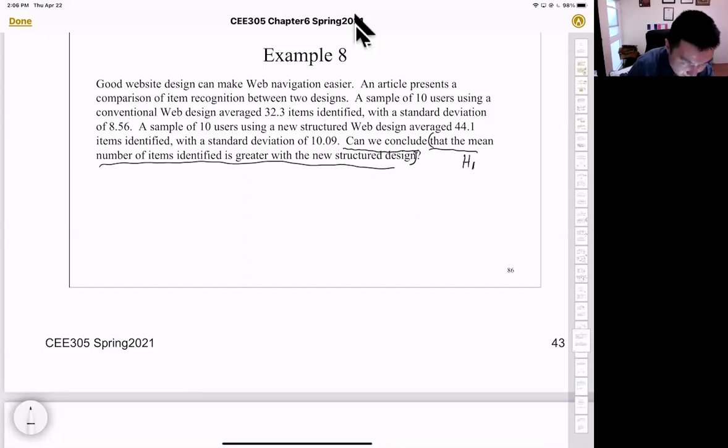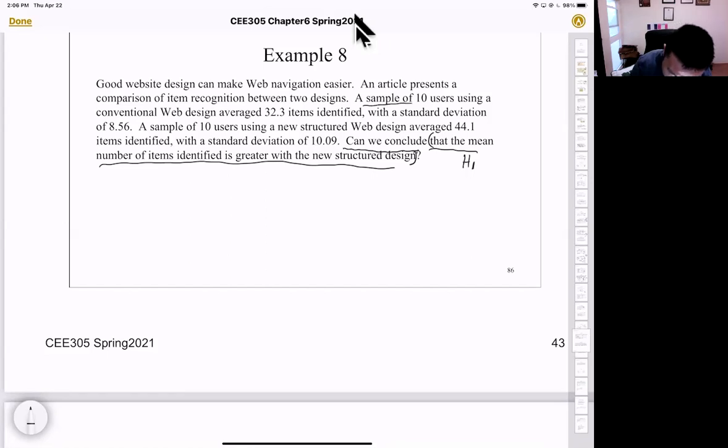Good website design can make web navigation easier. One paper presents a comparison of item recognition between two designs. So that's comparing two designs.